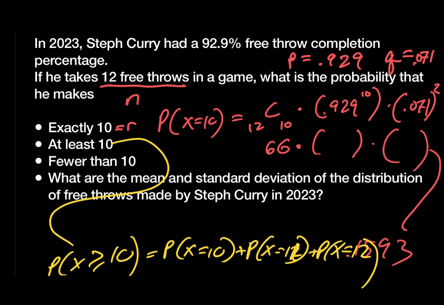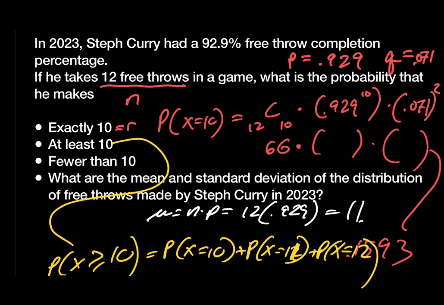And then lastly, the mean and standard deviation. The mean is n times p, which is 12 times 0.929, which is 11 point something.